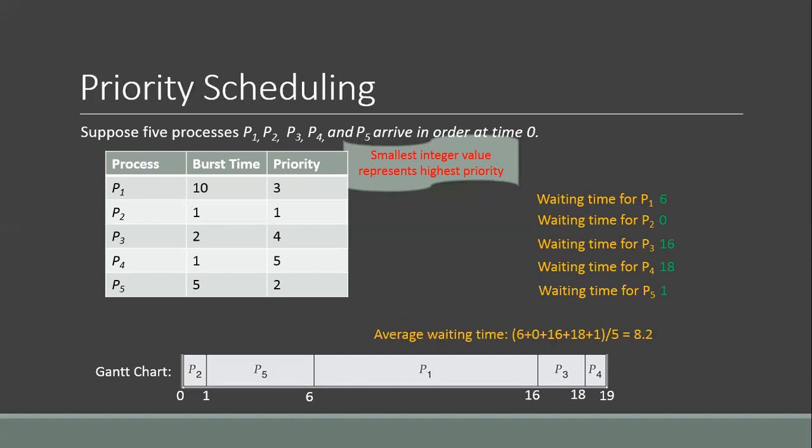The average waiting time for these processes is 8.2. That is, we have added all the waiting times for each of the processes and divided this sum by the total number of processes in this set to get the average waiting time, which is 8.2 milliseconds for the processes in this set.